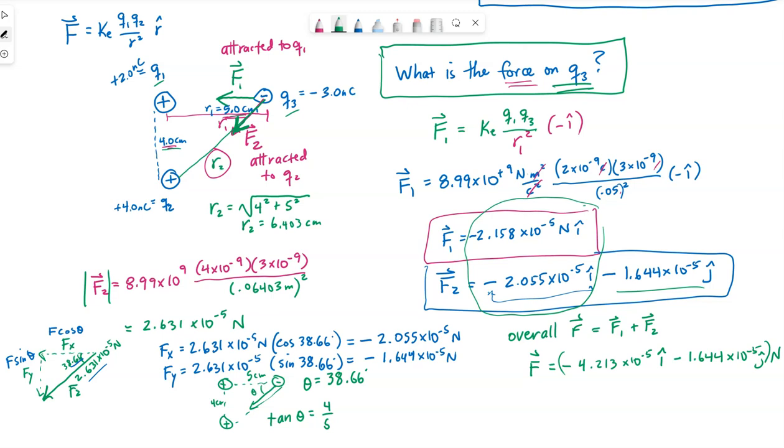So this is the overall force in terms of the components. This is the force that Q3 overall will experience or feel because of the other two charges.